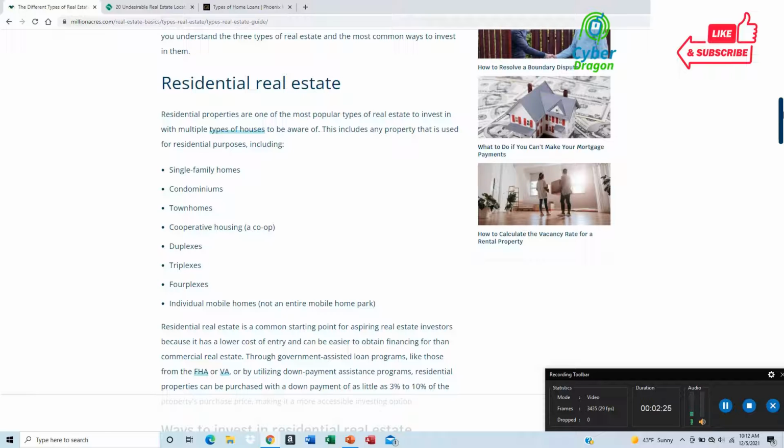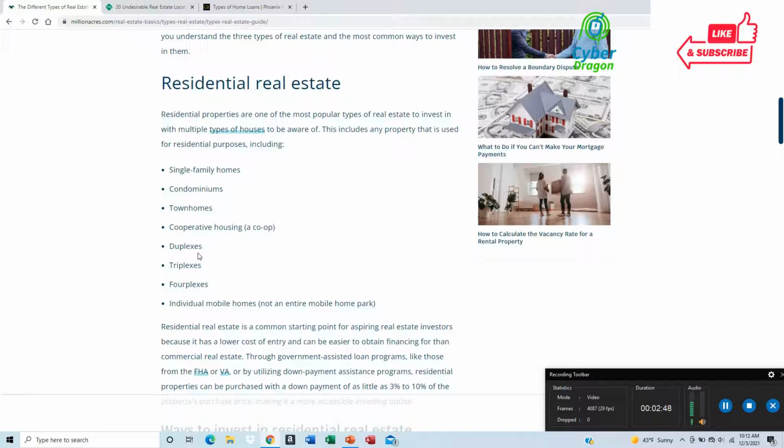Residential has many forms. The most expensive one is single family. Second will be townhouse. Apartments comprise duplex, triplex, and fourplex, which are like multi-family units. A duplex is kind of like two houses combined together.